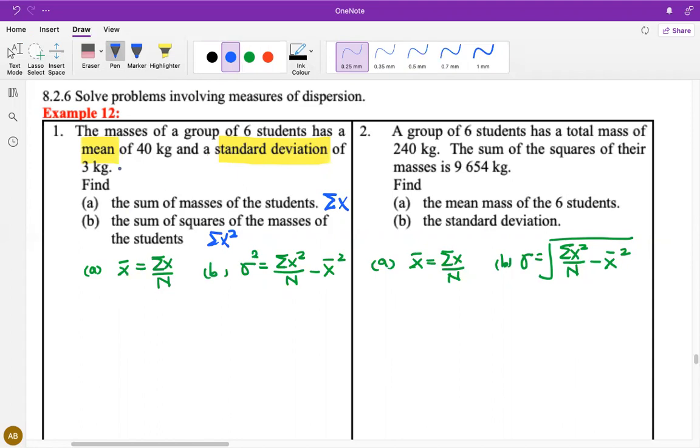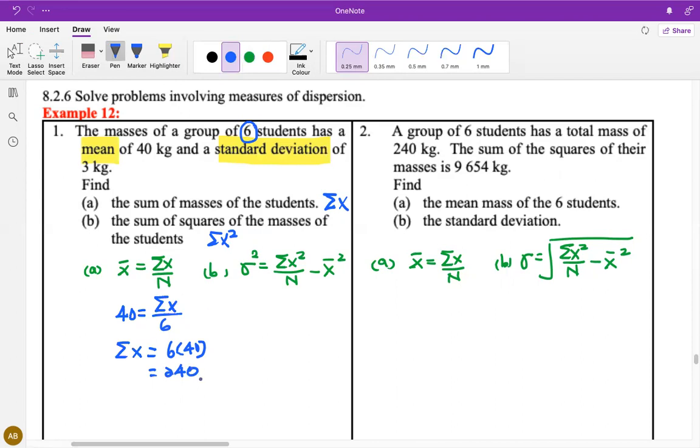So you substitute into it. Mean is 40, and this is what we want to find. A group of 6 students, therefore n is 6. So the sum of the data is 6 times 40. So you have 240.